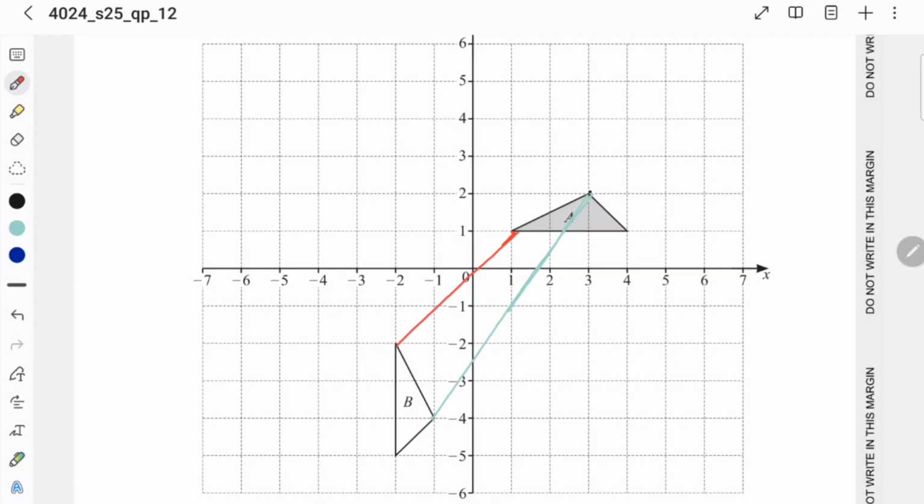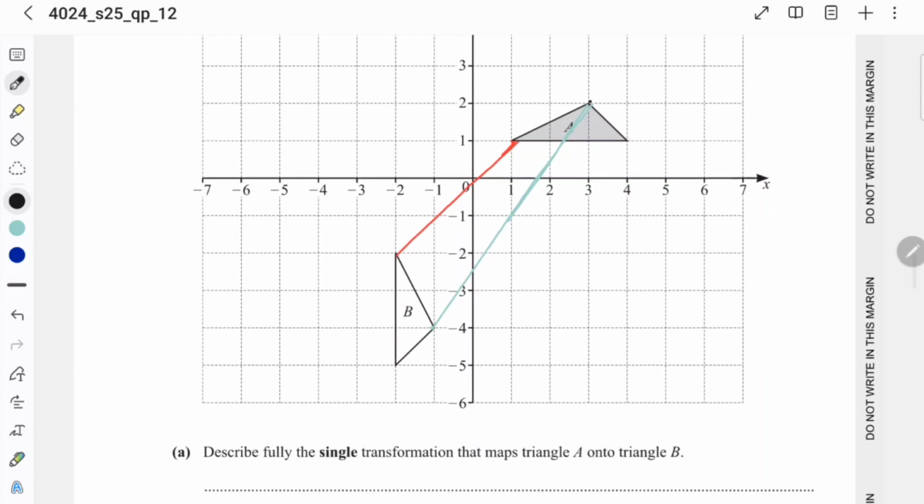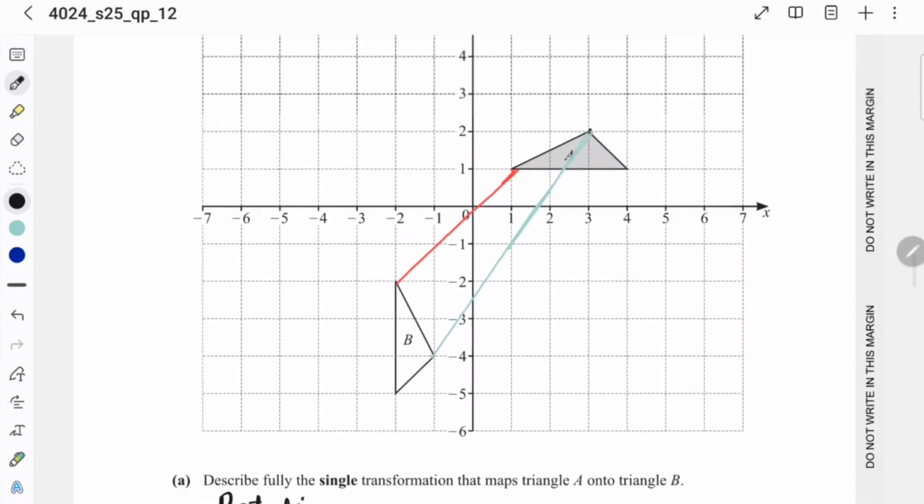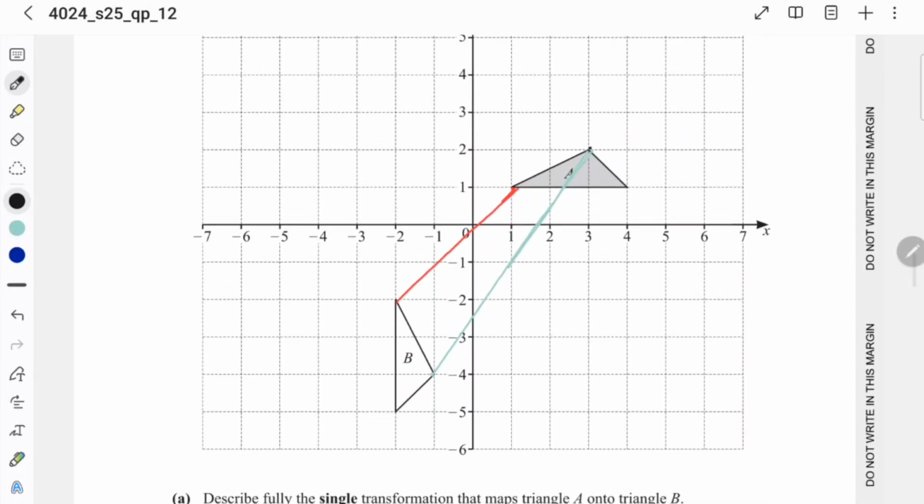Which type of transformation? Whenever it is a rotation, we have to give the center of rotation, whether it is clockwise or anti-clockwise, and how much angle it's making. So first write down it's a rotation. Now quickly take your protractor, or you just make the angle bisector of each line. Wherever the line bisectors meet at one place, that point is the center of rotation.